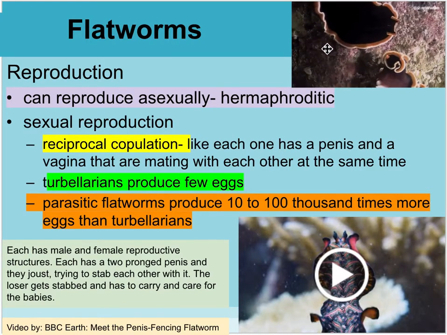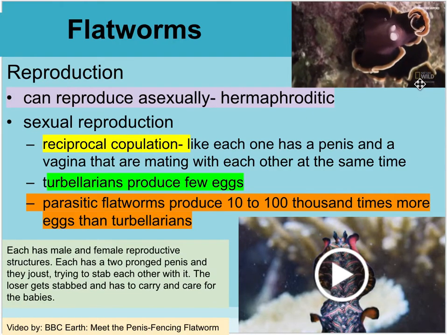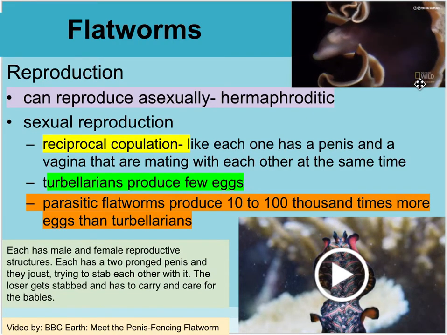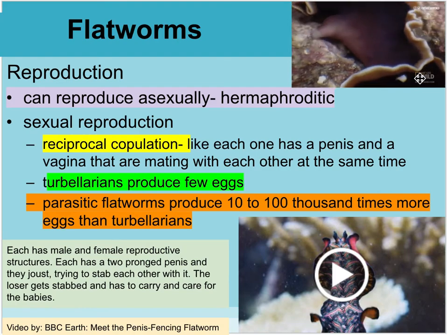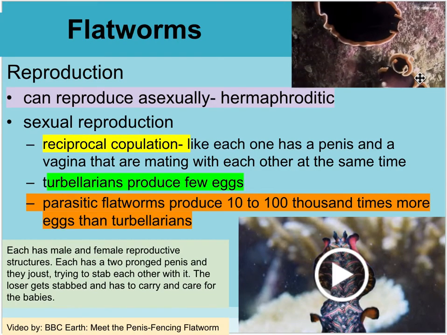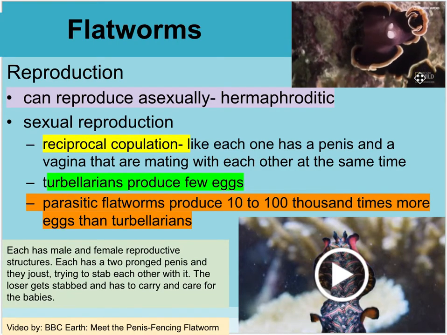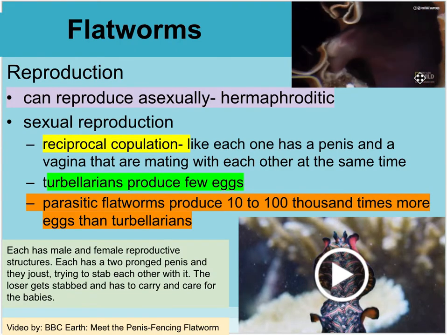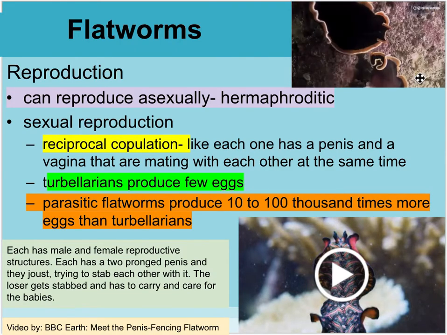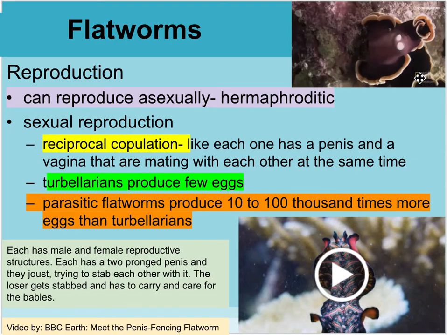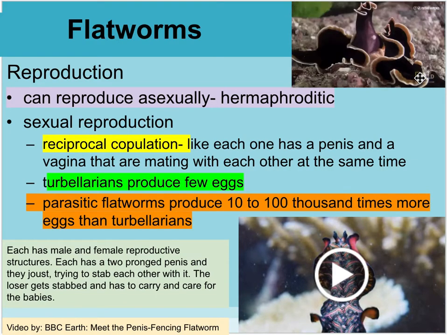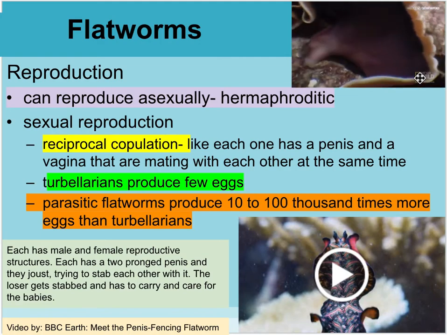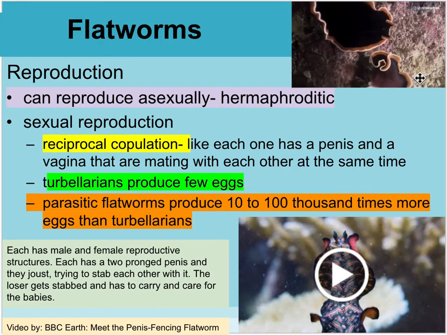So here's two in this GIF, and the GIF does not do this mating process justice, but these are two flatworms that have found each other, and they are going to fight each other and try to stab each other with their two-pronged penis. When one of them stabs the other one, you just lost, and now you got impregnated.